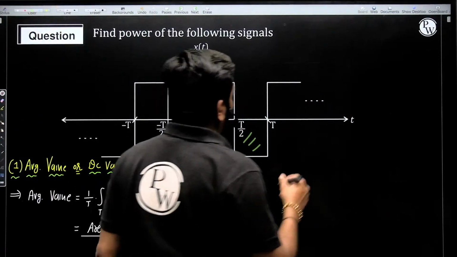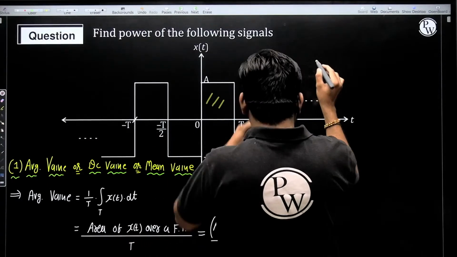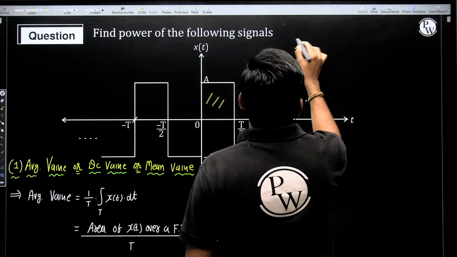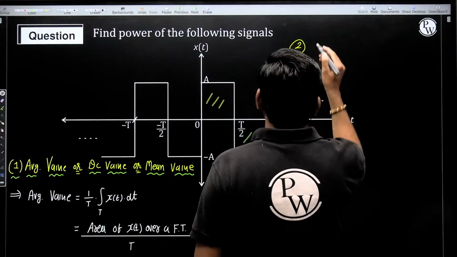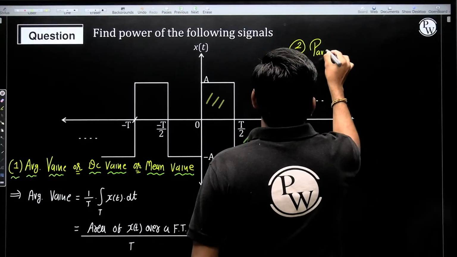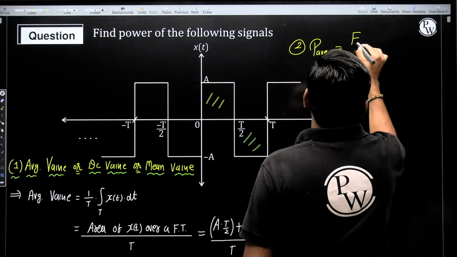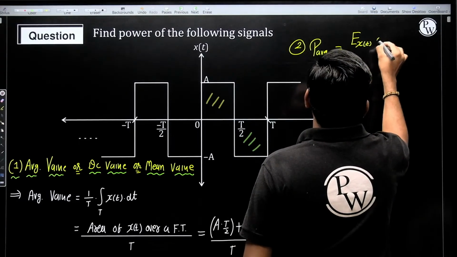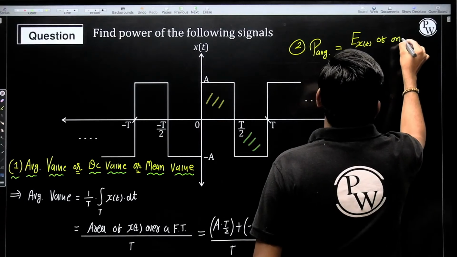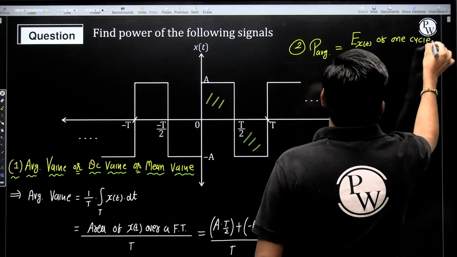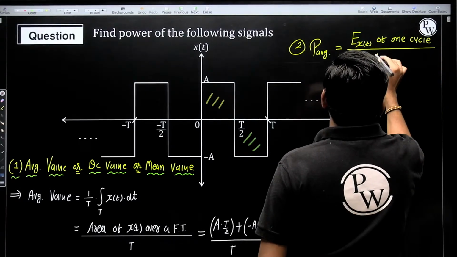Now next we want to calculate the average power, guys. Average power is given by, as I already told you, for a periodic signal, the energy of x of t of one cycle divided by the fundamental time period.